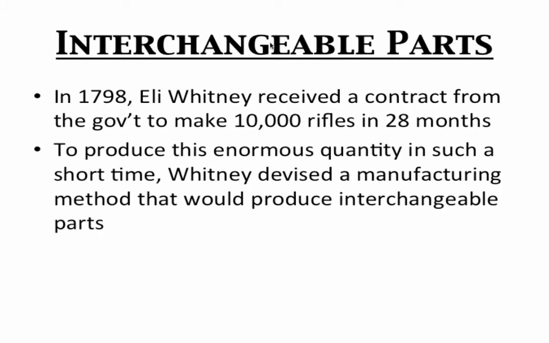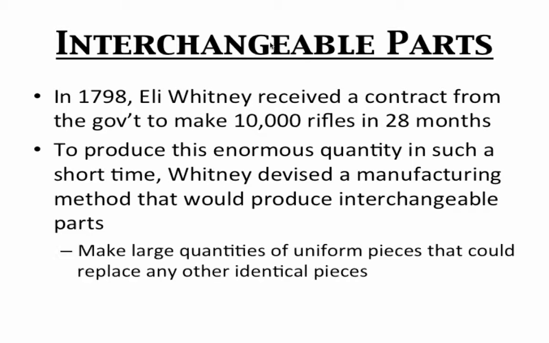And at the time, guns would have been produced by hand. But Whitney said, I can't do it. I simply cannot produce 10,000 rifles in 28 months. So he devised this method that would produce interchangeable parts. That means you make large quantities of uniform pieces that could replace any other identical piece.